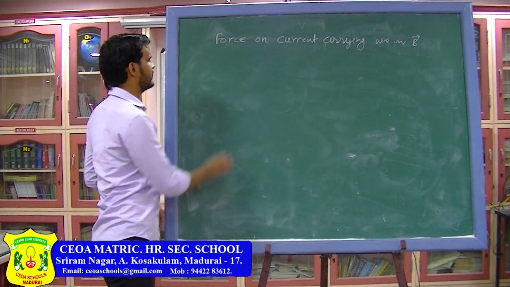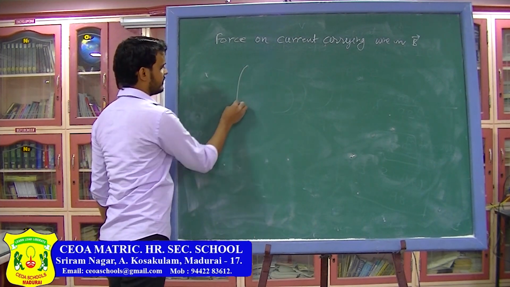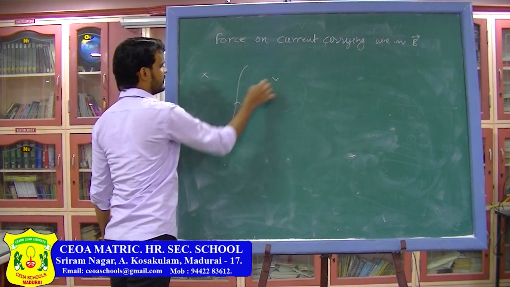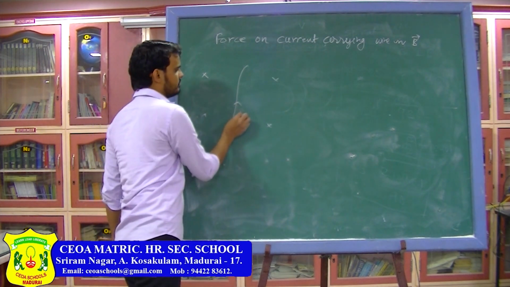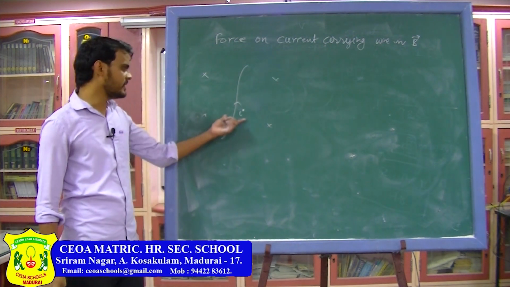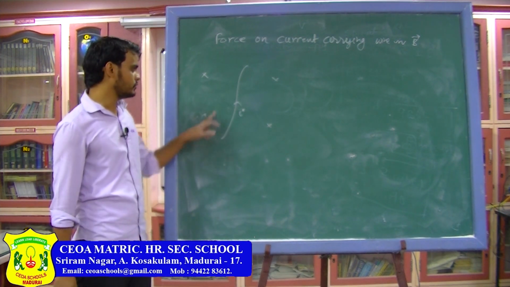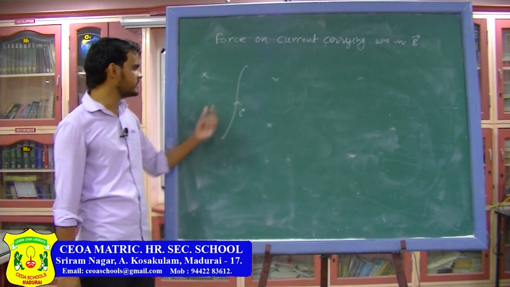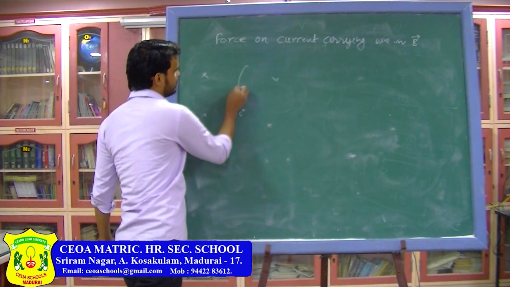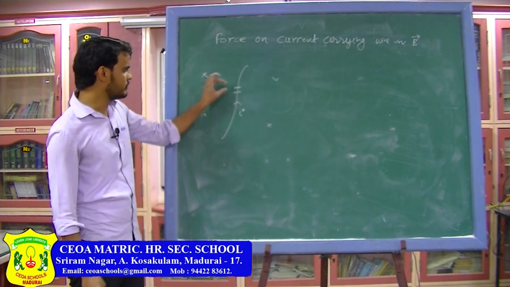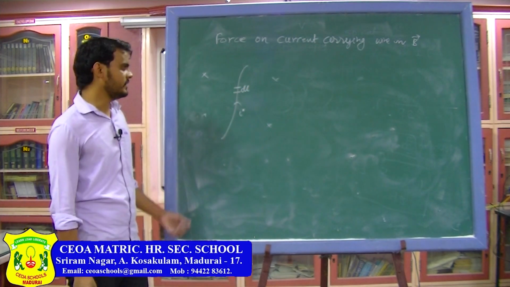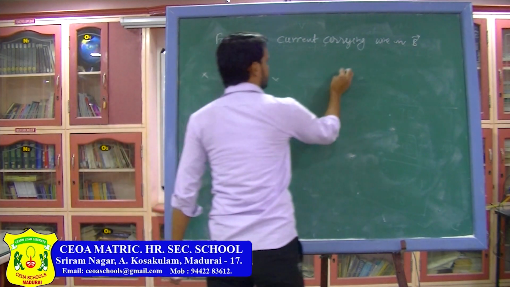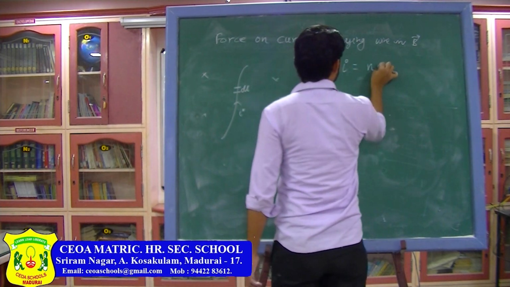So you have a magnetic field, and it can be in any direction. The current carrying wire placed in the magnetic field is carrying a current I. To find the force on this one, I can assume this wire is made up of small lengths. So I am going to assume this length is dl. Now in your current electricity, you have seen this formula, I equals neAvd.